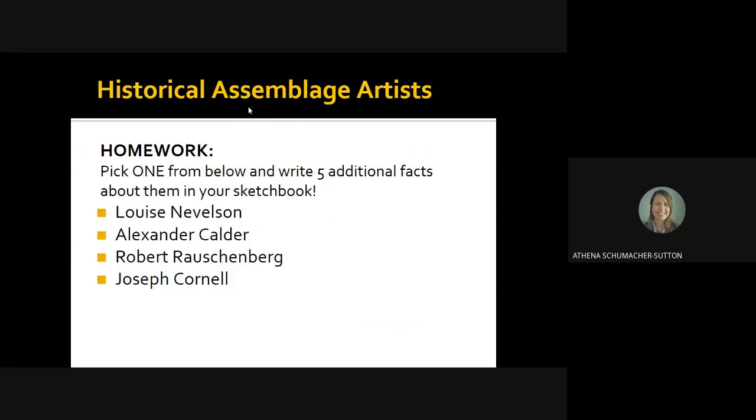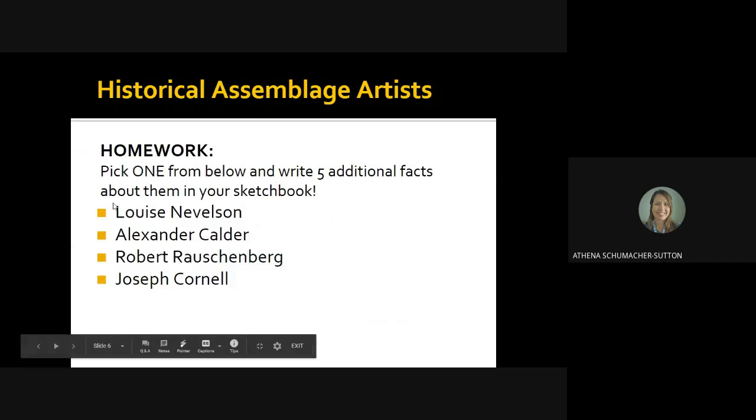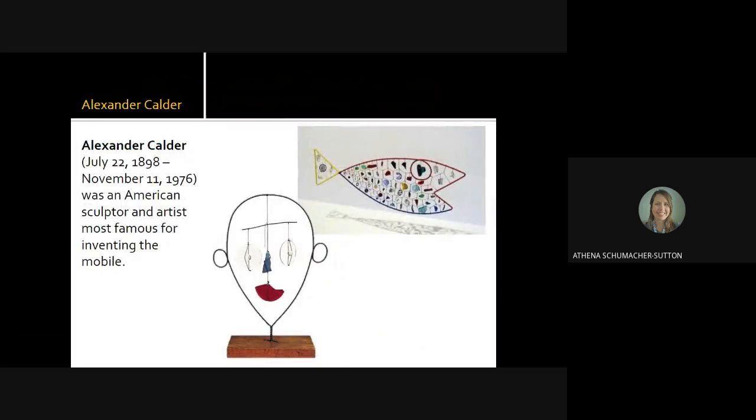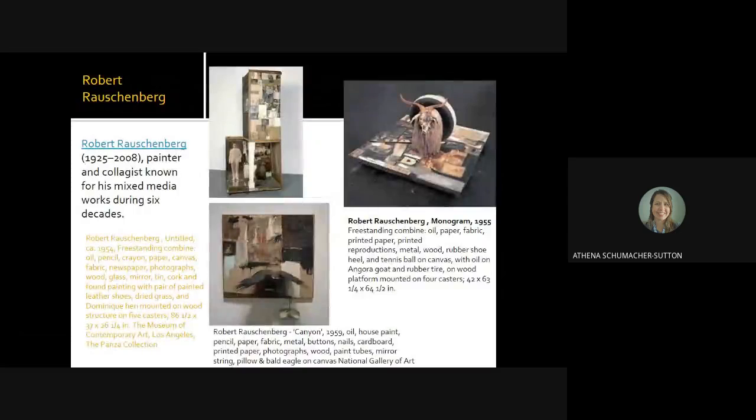These are artists that were practicing in the 1950s, 60s, 70s, and 80s. And their artwork is hanging all over the world, and a lot of it is in museums and parks. Very well-known artists. So if you like the look of Louise Nevelson's work, then research her a little bit more, 5 additional facts in your sketchbook. If you like Alexander Calder, research him, and so forth.